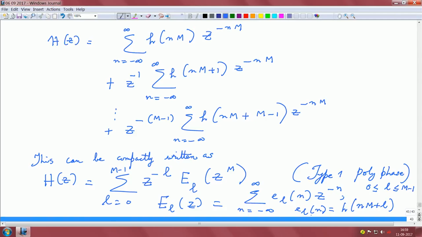This is pretty straightforward, right. We start with this EL, which is nm plus L. L equals 0, we have this. L equals 1, we have this. L equals m minus 1, we have this, right. And then this is our EL of n. Our EL of Z is basically the Z transform of EL of n, and everything just falls in a straightforward way.